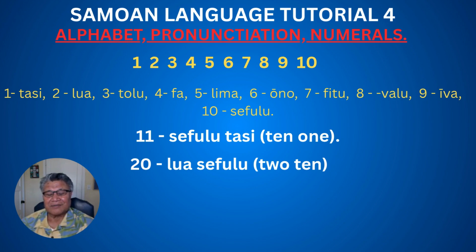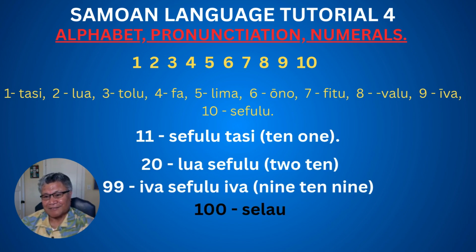But if it's 11 to 19, it's 10, 1, and all the way up to 19. And then from 20 it's 2, 10, 3, 10. Now, the digit is before 10, right? Tasi sefulu, or lua sefulu, and it goes on to iva sefulu.